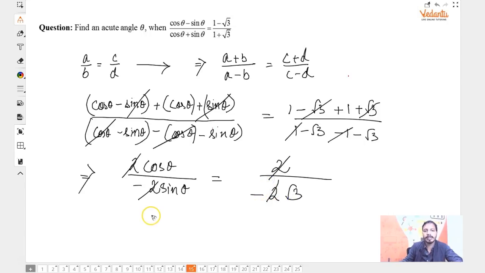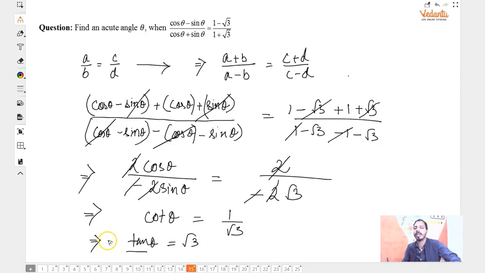So this 2 cancels, and this minus also gets cancelled. So cot theta is equal to 1 by root 3, or I can say tan theta is equal to root 3. Now we know the value of theta, because this is a special angle, right? So theta is equal to 60.